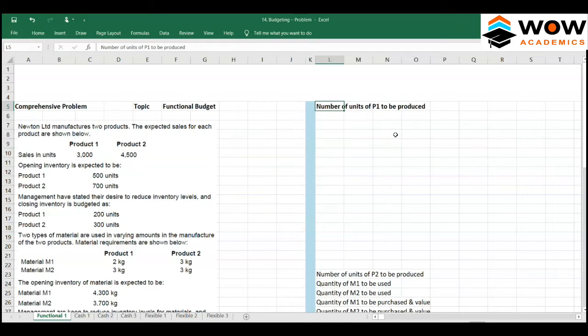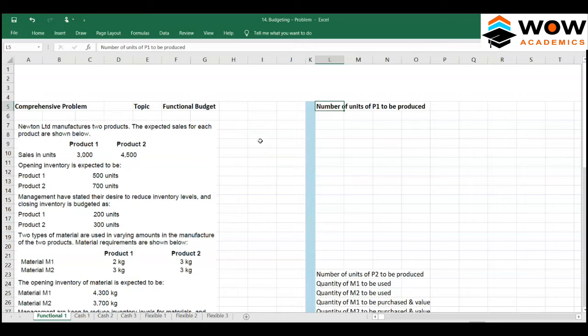First we'll start with the number of units of P1 to be produced. It tells us Newton Limited manufactures two products. The expected sales for each product are shown below, P1 and P2. The sales units are 3000 and 4500. Opening inventory is 500 and 700, and the closing inventory that the company wants is 200 and 300.